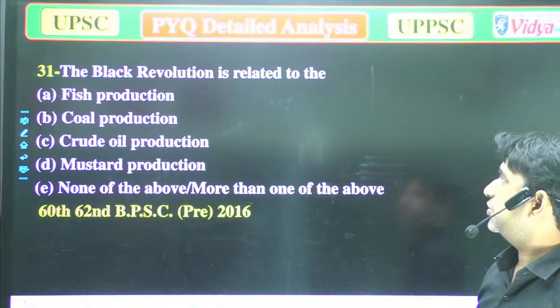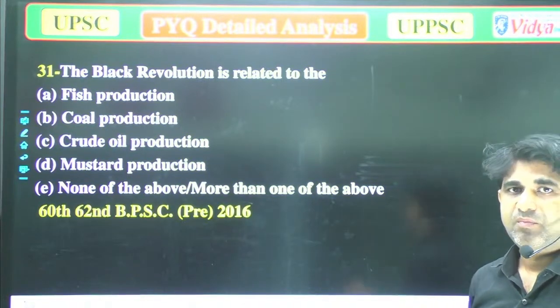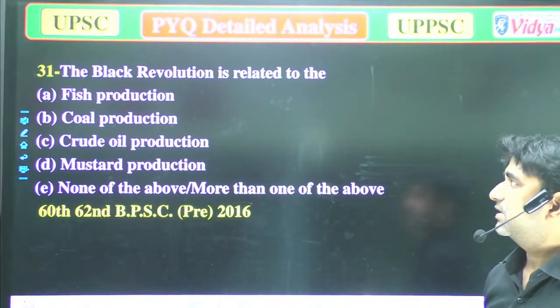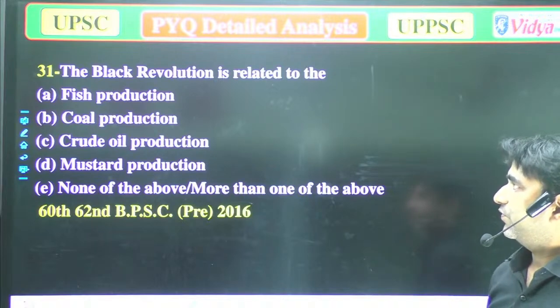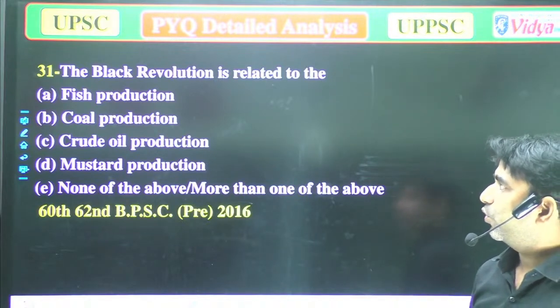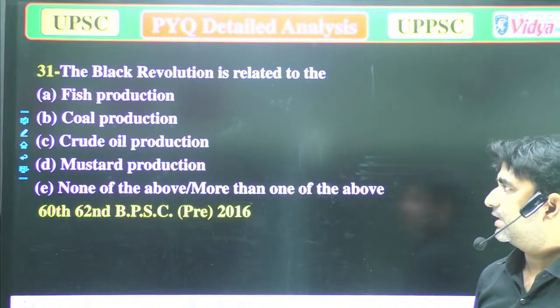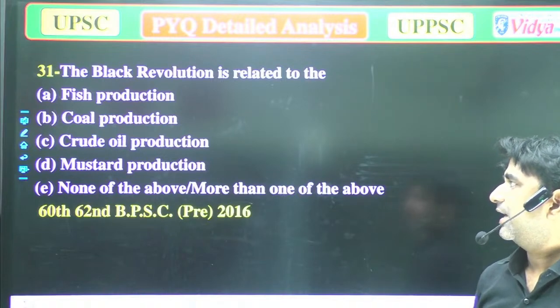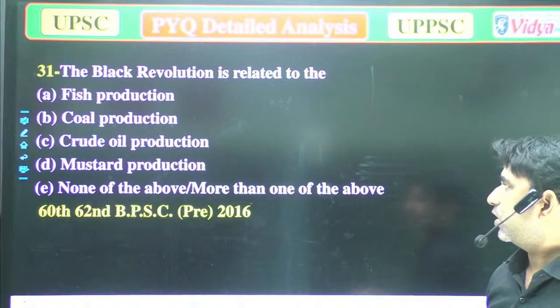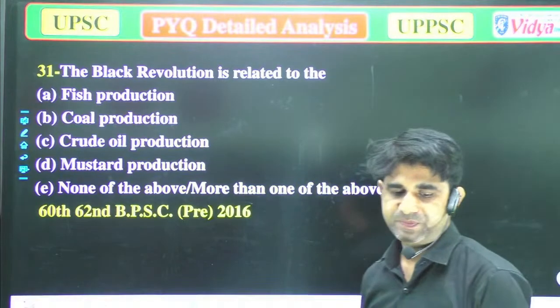Now we will move to the next question. Black Revolution is related to: A fish production, B coal production, C crude oil production, D mustard production, and E none of the above or more than one of the above.